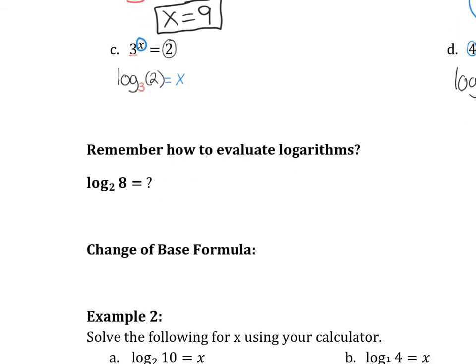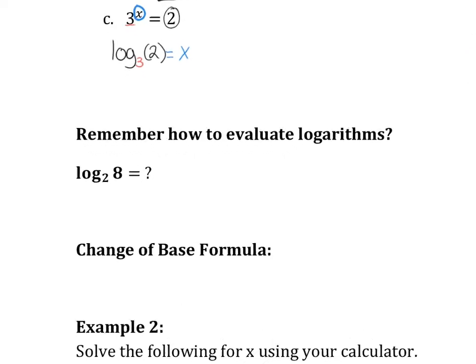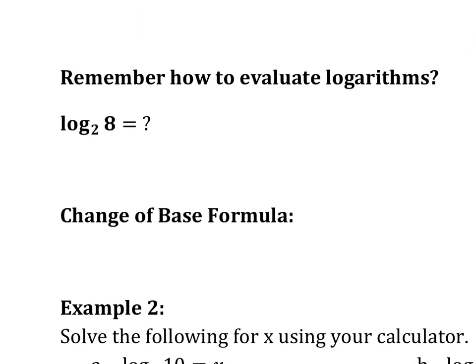So now, again, remembering what you guys did on that worksheet after the quiz here, remember how we evaluate logarithms. Whatever the base is, that's the number that you multiply by itself. Then whatever you're taking the log of is what the answer should be.